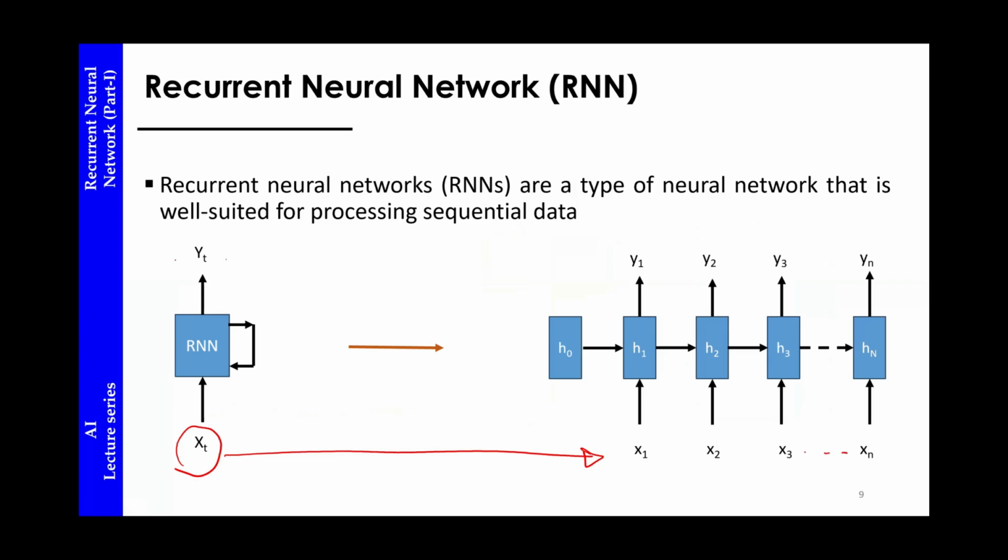And the output is yt, and yt also could be y1, y2, to yn. The important part of recurrent neural networks is the feedback loop, this part that adds flexibility to the network, so that the network can work with different lengths of input.